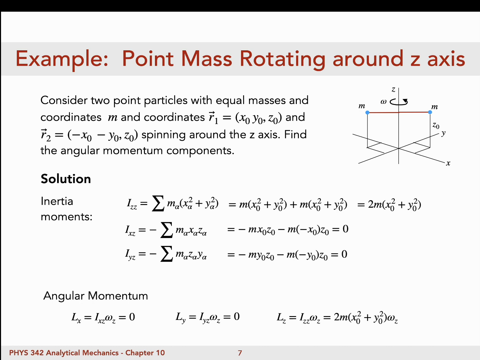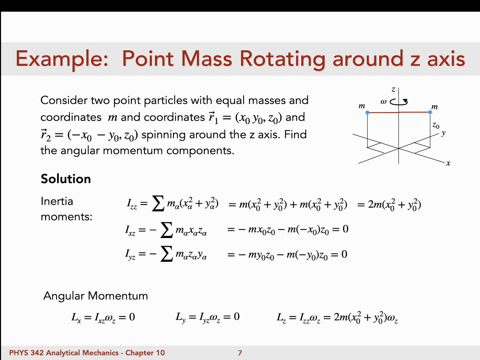So we see, as expected, that the L_x and the L_y angular momentum components are going to be 0, which means that our angular momentum vector is going to be parallel to omega. So it's going to be just pointing in the z direction. And this is its magnitude here.